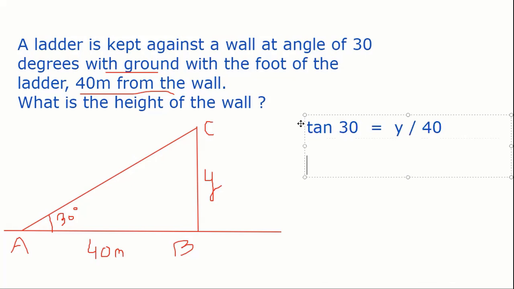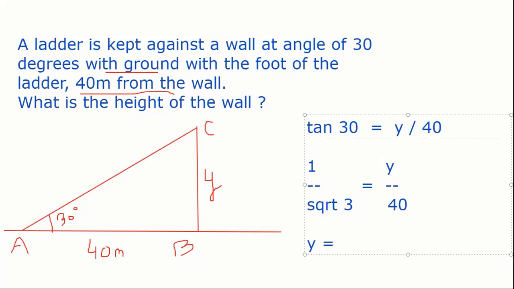Tan 30 value is 1 by root 3, as we did yesterday. So 1 by square root 3 is equal to y by 40. Obviously, y is 40 by square root of 3. Got it, everybody? A very simple question, an application of the basics of trigonometry.